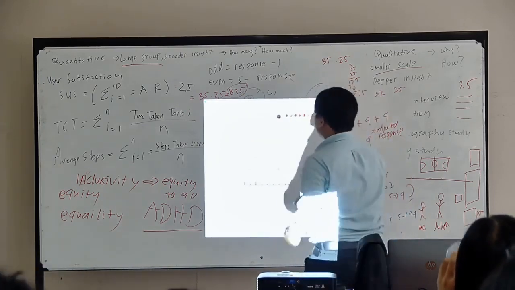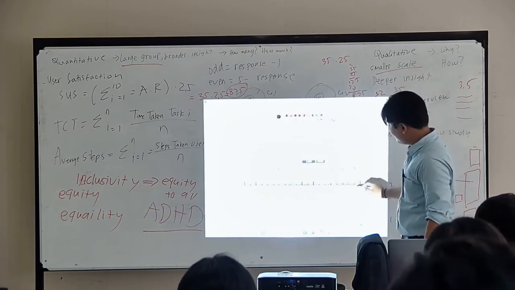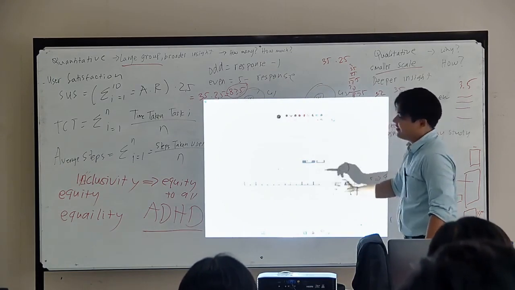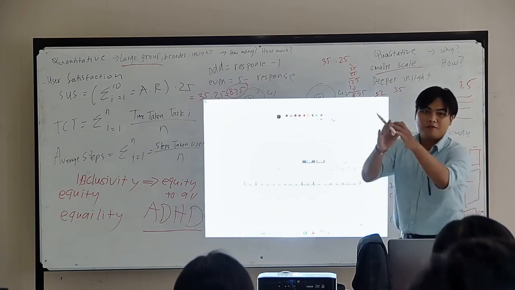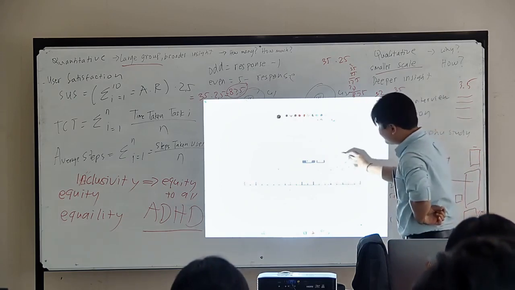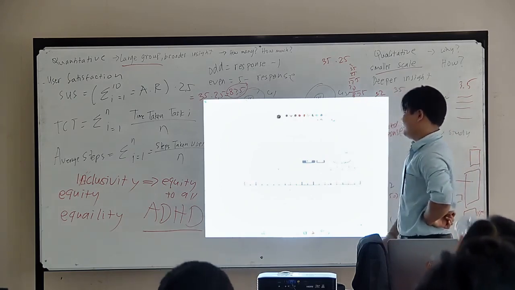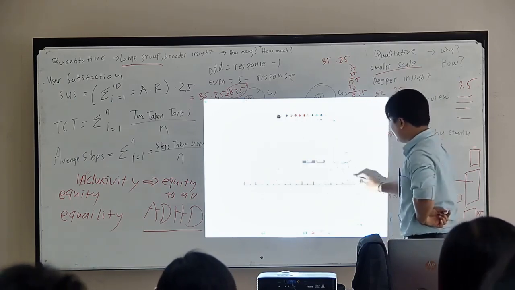Our score is 87.5. So it means Instagram, from the user satisfaction aspect of the interface design, is acceptable. From the adjective rating, it is excellent.